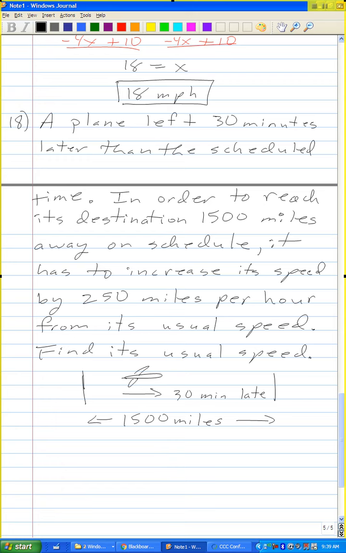So its usual speed is x miles per hour. So let x be the usual speed in miles per hour. If you're 30 minutes late, then this means you're a half hour late.